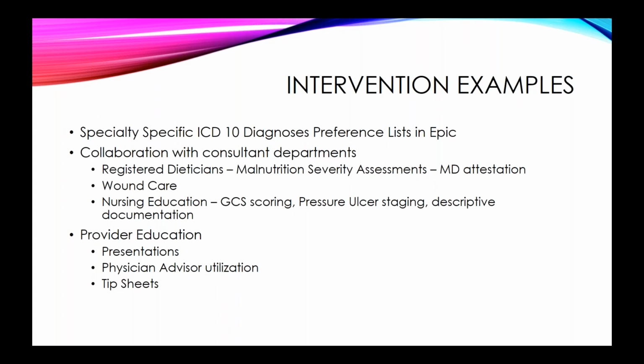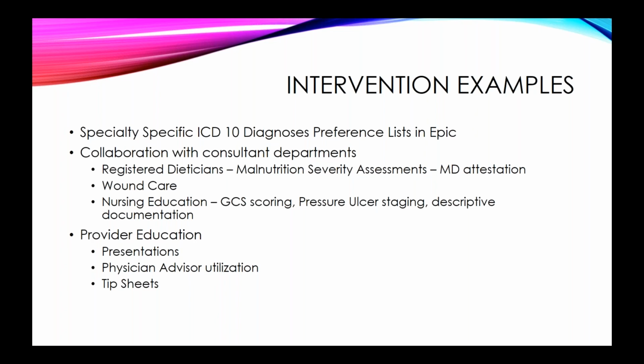So when a hospitalist comes in and is taking care of their patient and types in anemia, they're not going to get the top 40 diagnoses of OB-related anemias, because that's not really related to their specialty. They go to their specialty preference list and type in anemia, and they're going to see acute blood loss anemia, chronic blood loss anemia, things that are a little bit more relevant to them and their patient populations. Trying to make our tool a little bit easier for the provider to use.